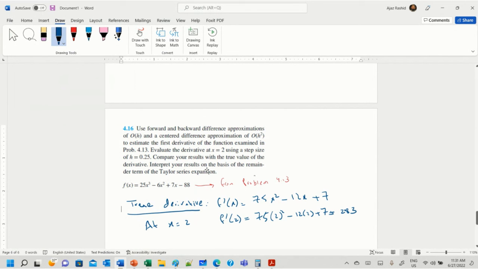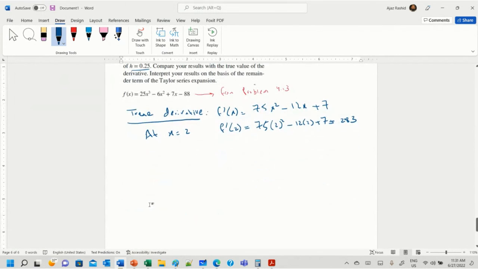Now he's saying at x equal to 2 using a step size of 0.25. So x is 2, the step size is 0.25, so the points are 2.25 and 2 minus 0.25, which is 1.75.